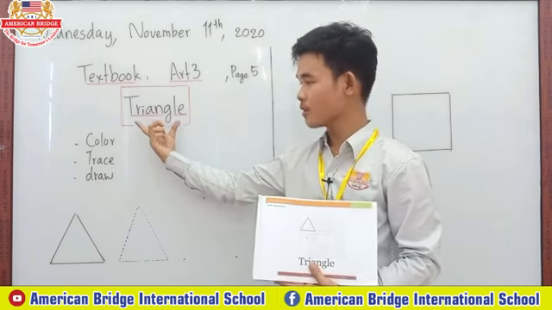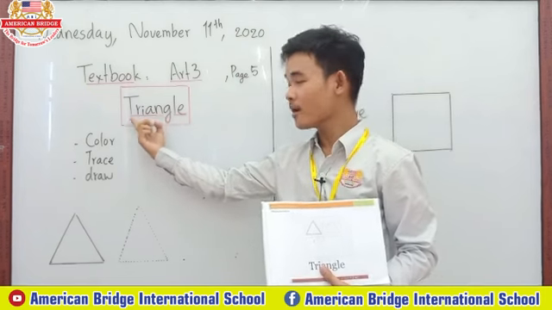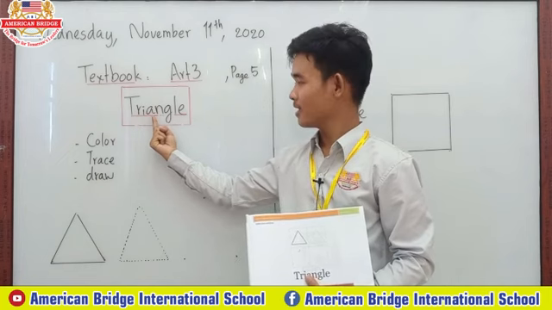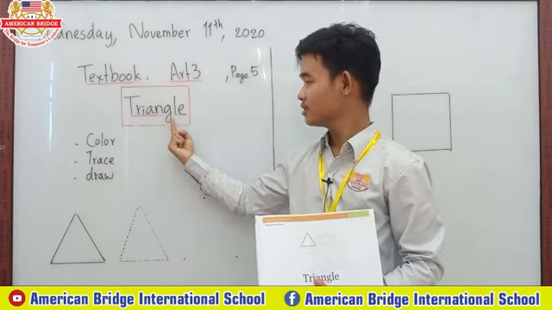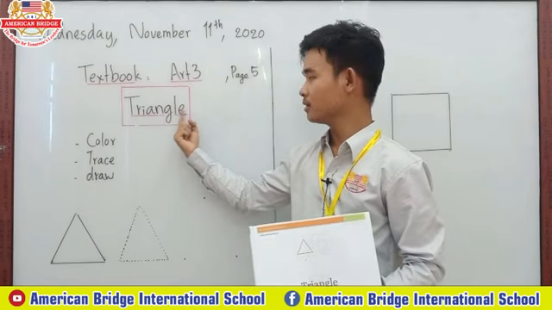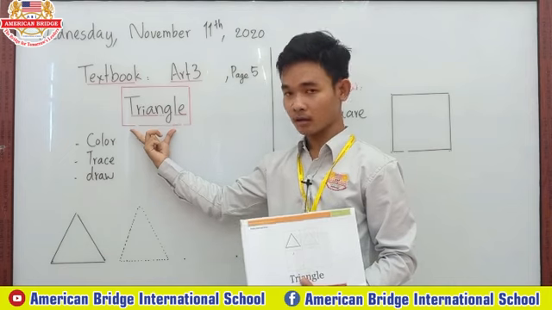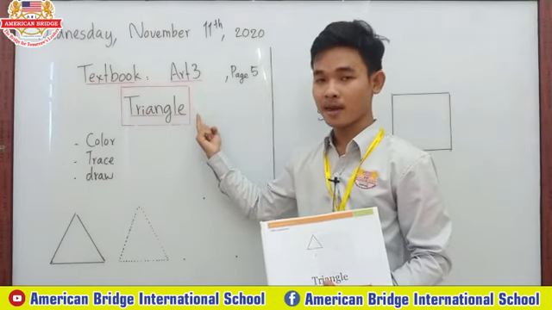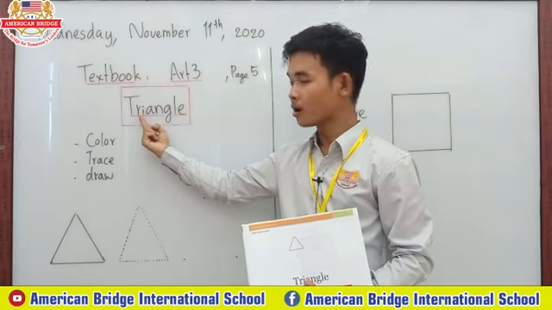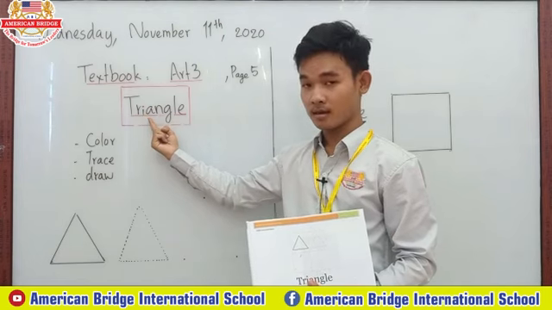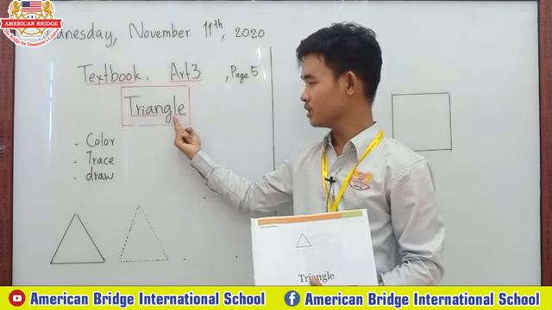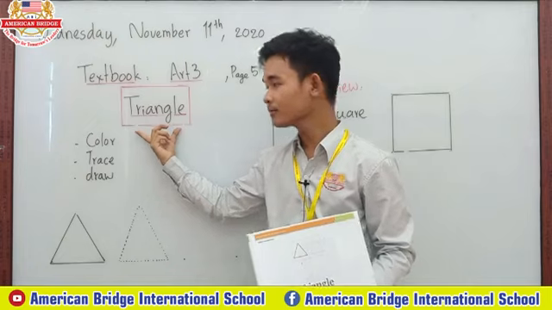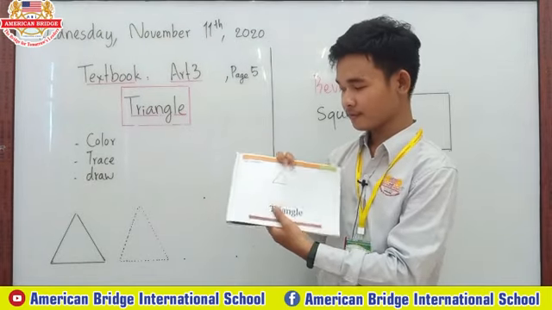Triangle, I spell T, R, I, A, N, G, L, E. I say triangle. Again, everyone, repeat after the teacher. Triangle, I spell T, R, I, A, N, G, L, E. I say triangle.